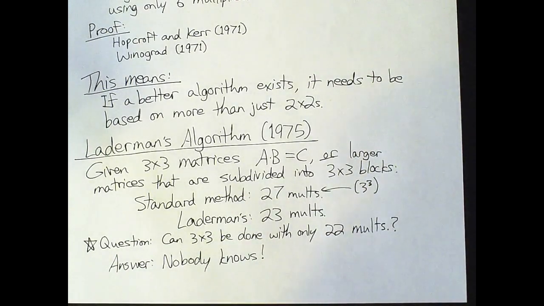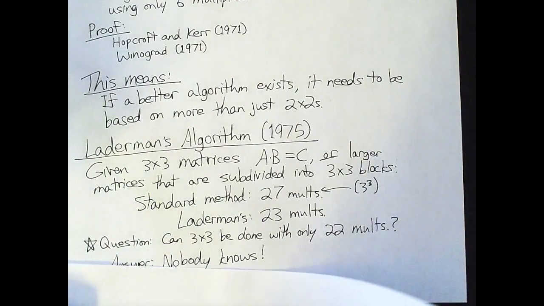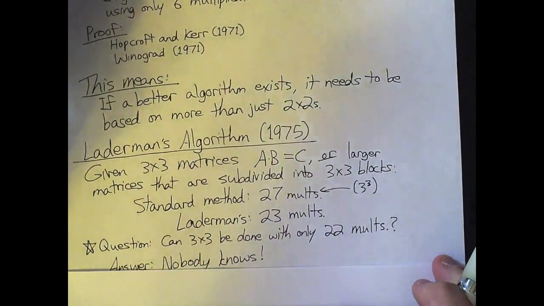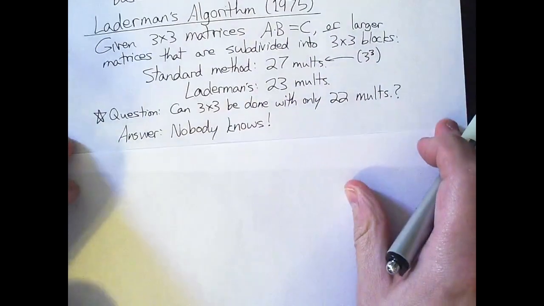Now, personally, I do think it is possible. I think that someday somebody will discover an algorithm that does this. And some of my colleagues also think that it's possible. But nobody's found an algorithm to do it yet. So, as of right now, we don't know. If you could find one, you'd probably get an algorithm named after you, and then I would have to include you in this lesson the next time I teach it.